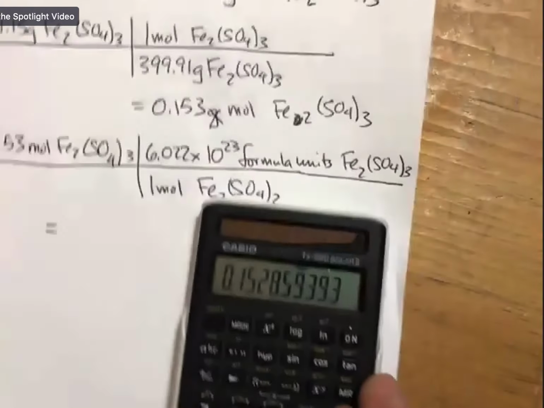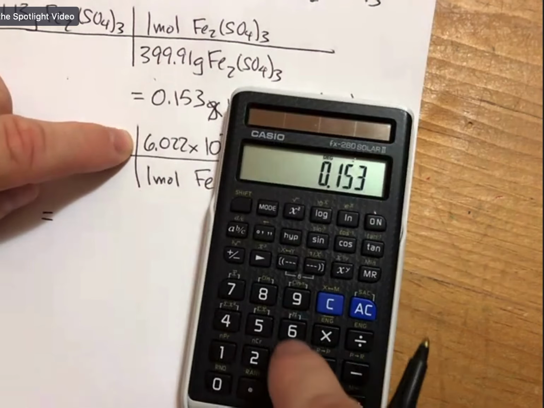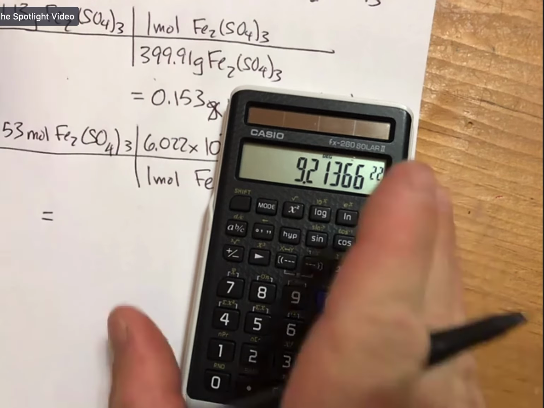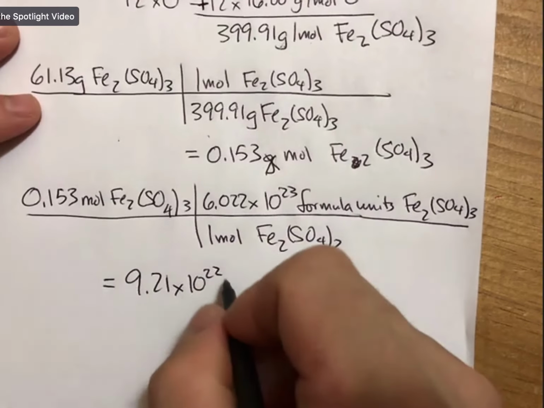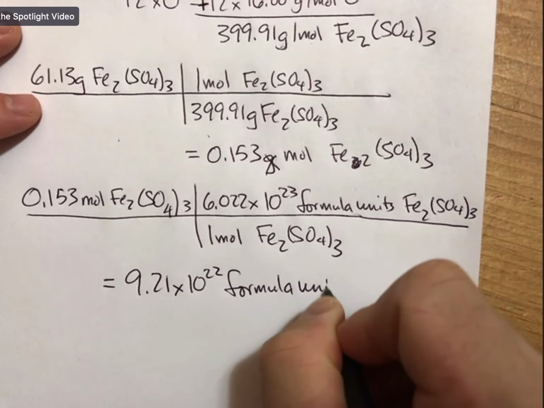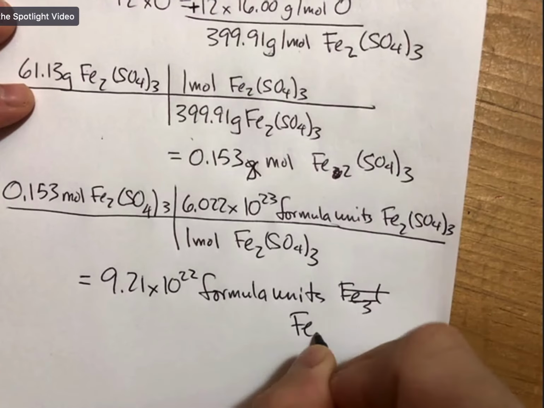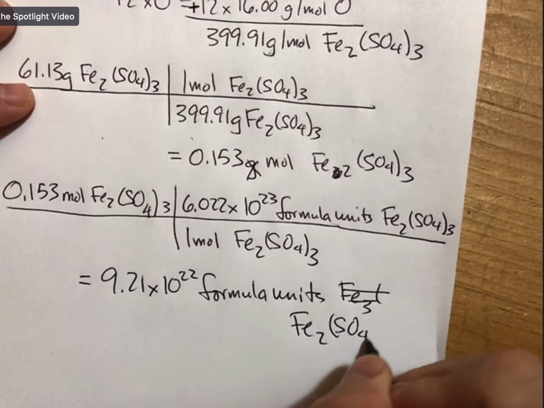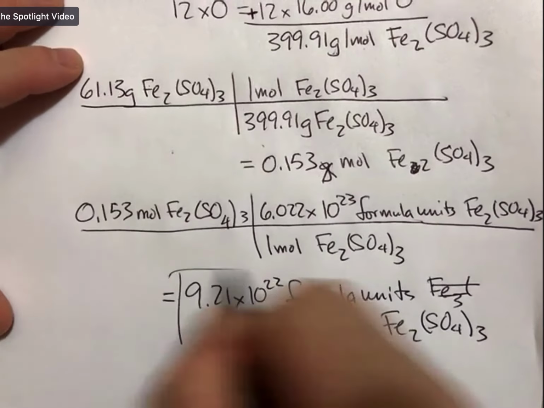And now multiplying this out, 0.153 times 6.022 times 10 to the 23rd, and I get 9.21 times 10 to the 22nd formula units of iron(III) sulfate.